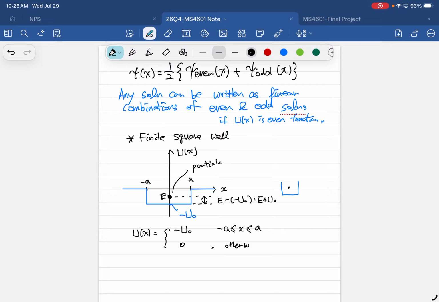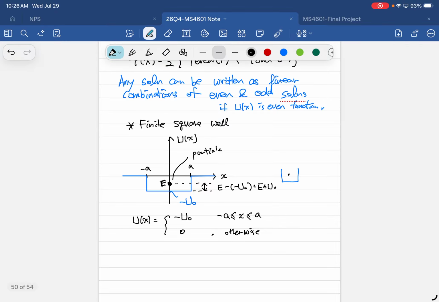So in this case, the potential outside of the bucket is 0, but within the bucket, the potential is negative U naught. That is the problem statement. We need the potential description because in order to solve the Schrodinger equation, we need to know what U of X is. So here it's 0, then negative U naught, and then 0.